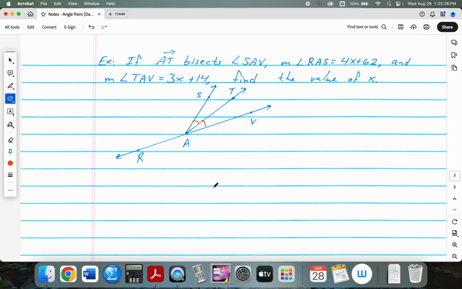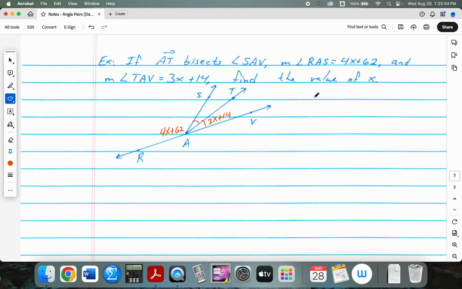Then the measure of angle RAS is 4x plus 62. And the measure of TAV is 3x plus 14. And then they ask us to find the value of x.